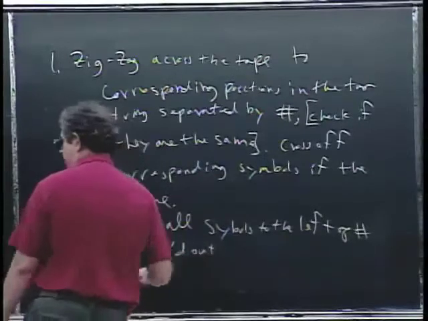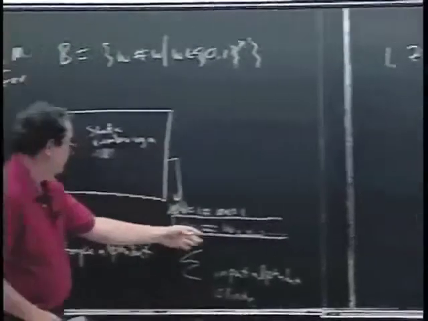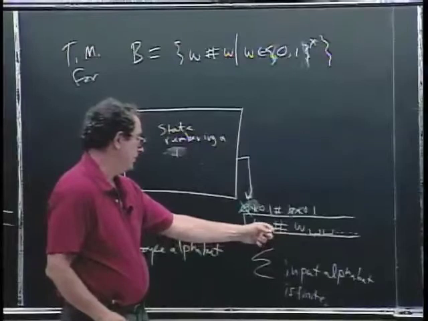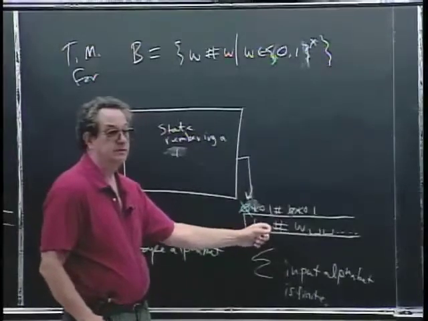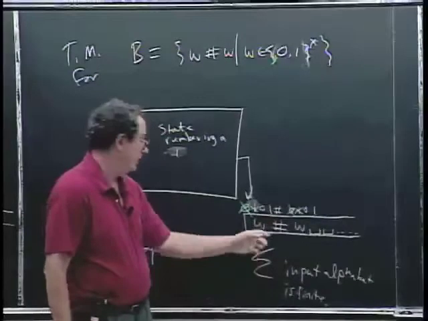And how do we determine that? So when we're going back left, okay, we pass the hash, and if we see just an x there, then we know that all the symbols on this side have been x'd out.